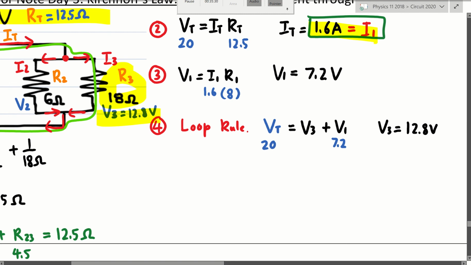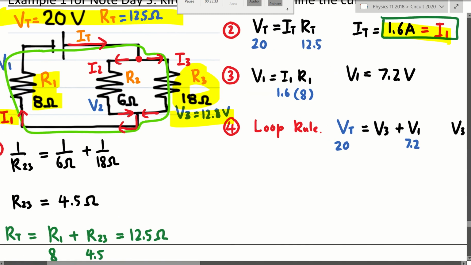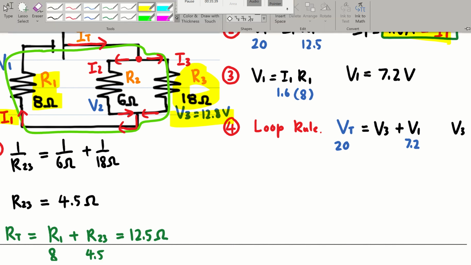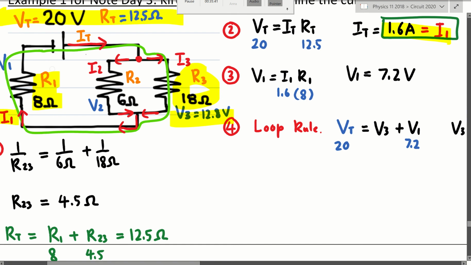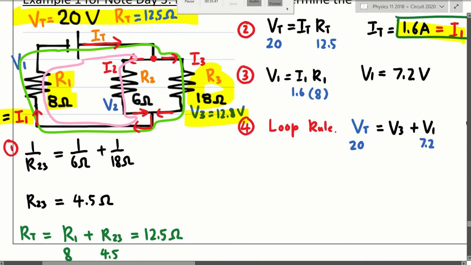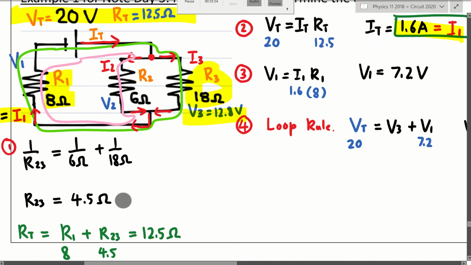Also, by the same logic, because you can draw arbitrarily, the green path was something that we drew arbitrarily. You can also draw a path like this pink one, which goes through R2, R1, and then comes back to the battery. So remember, parallel branches always have the same voltage drop. So V2 and V3 are the same.